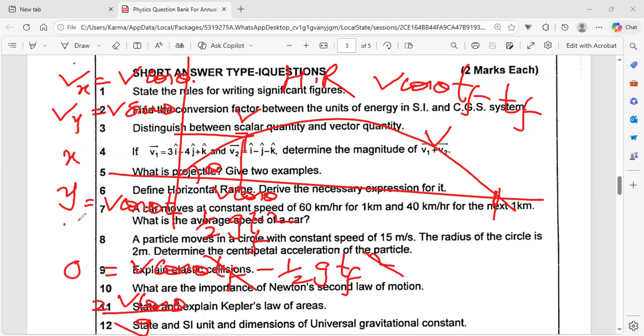V cos theta is not right. u means u will be v sin theta, the velocity along the y-axis, not the x-axis. So it's a sin theta, everywhere there is a sine. So 2 v sin theta upon g.